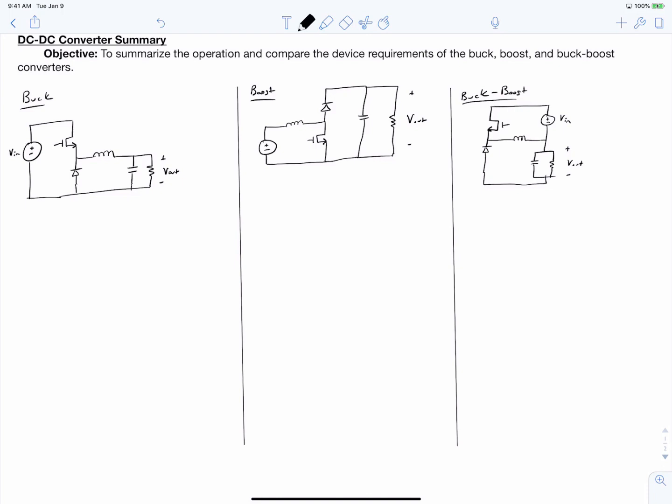When picking between the buck and the buck-boost converter, this exercise may seem trivial. We can note the voltage out over voltage in expression for the buck converter as being a function of D, where in all cases D is the duty ratio of our MOSFET.